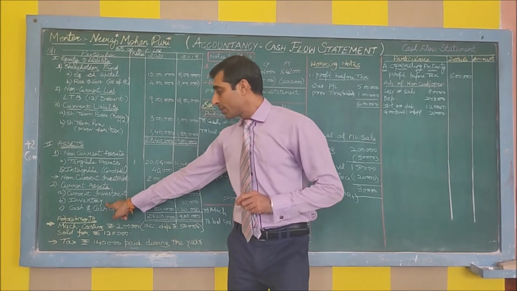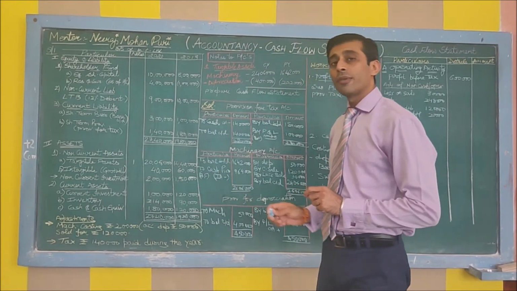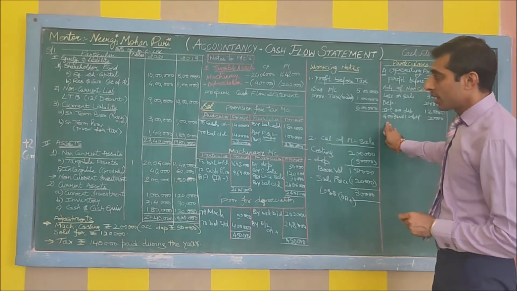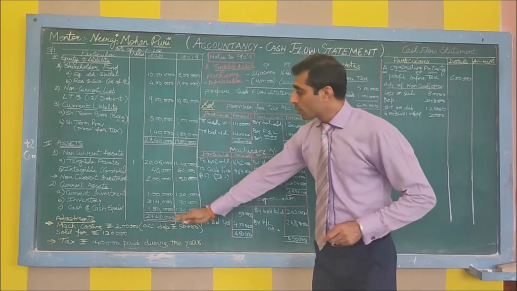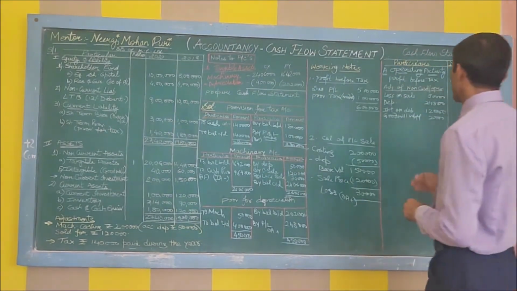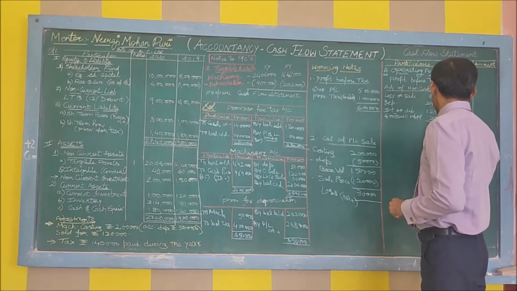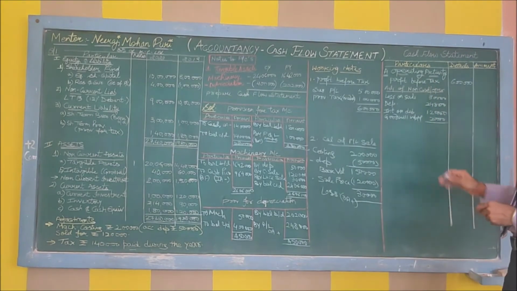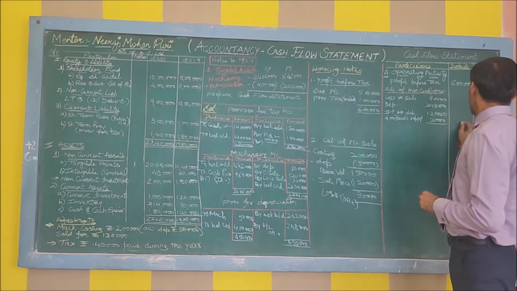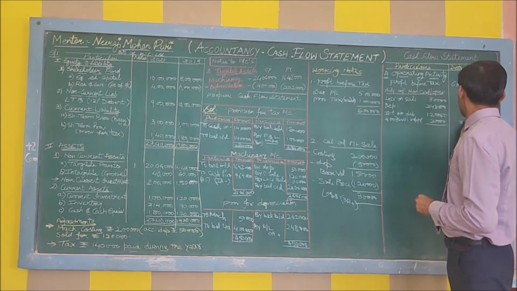Inventory and trade receivables are shown, and for these you have to see increase or decrease. But regarding non-operating items, we do not have any other non-operating, non-cash item. So close this. We have to find its net answer. It will be recorded in the detail column. From here we will arrive at 8,000.